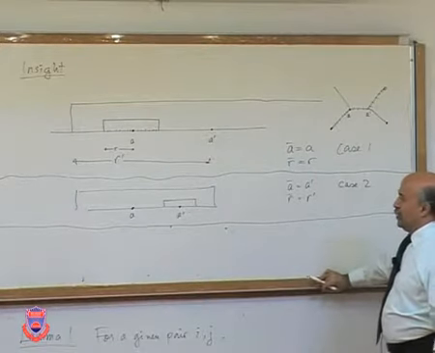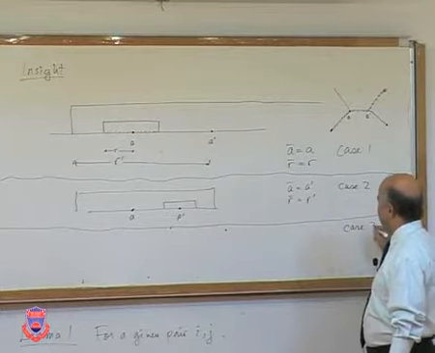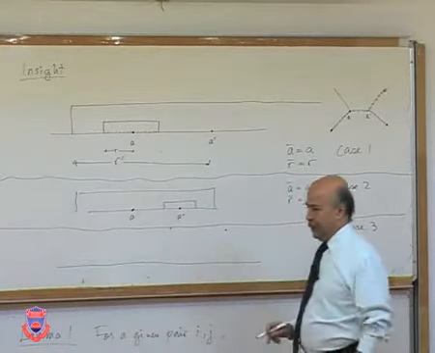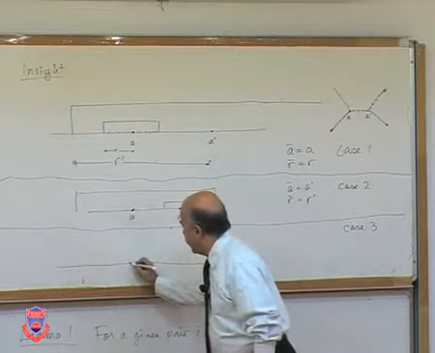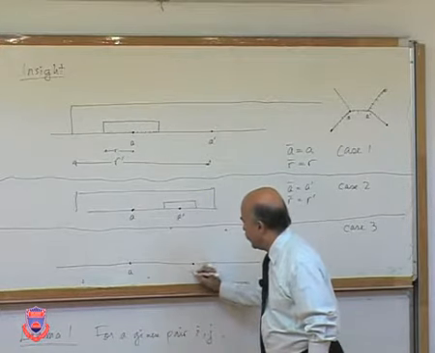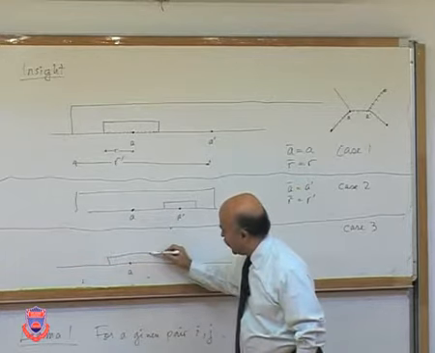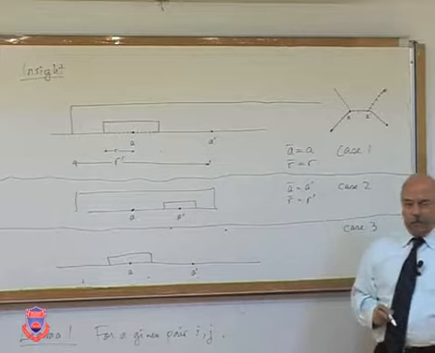And case 3, neither of these happen. So in that case, my A is here again. A prime is somewhere here. This has a neighborhood such as that one.